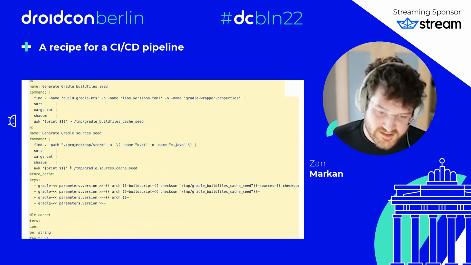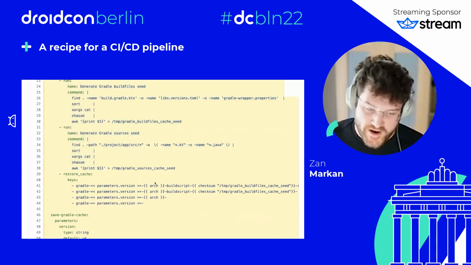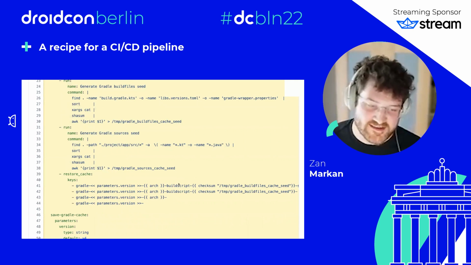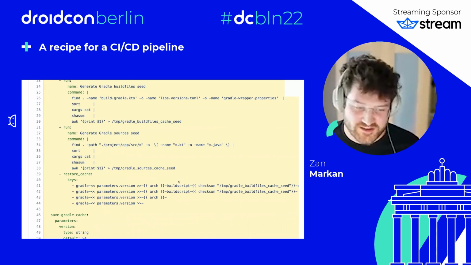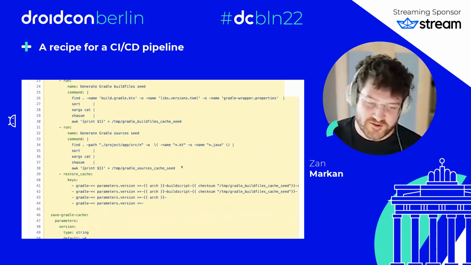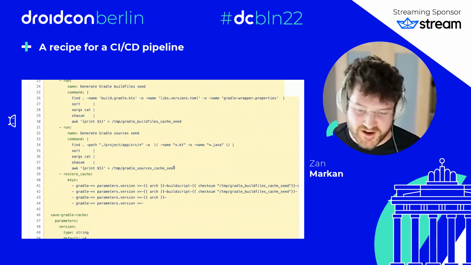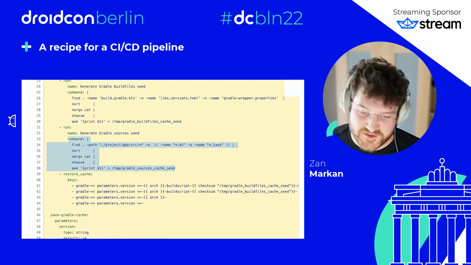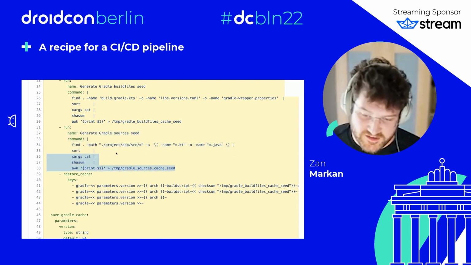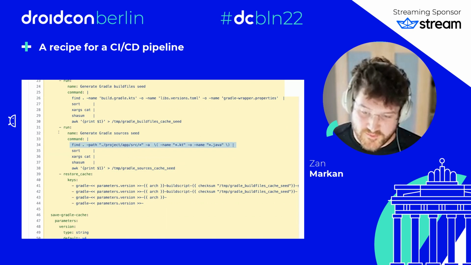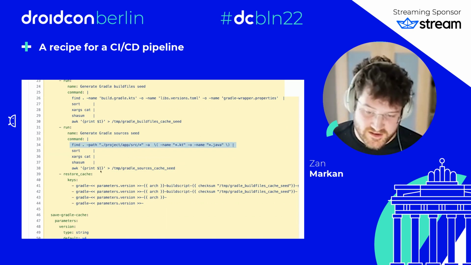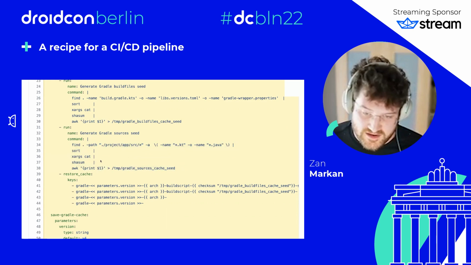Now this is a bit weird in some cases, but if you are doing a lot of changes in a CI/CD pipeline, you're mostly changing the script, but you don't really need to refresh the sources, so you can just reuse the same caches every single time. And basically it's doing the same thing for all the Kotlin files and all the Java files in there, creating a single checksum.